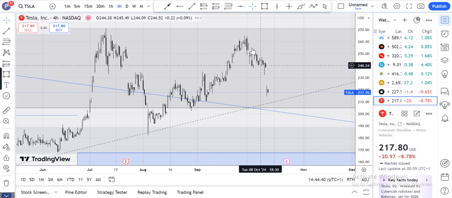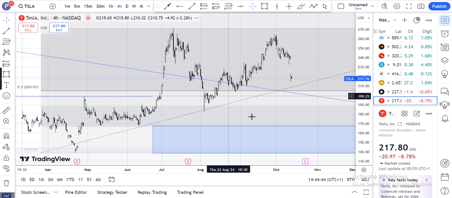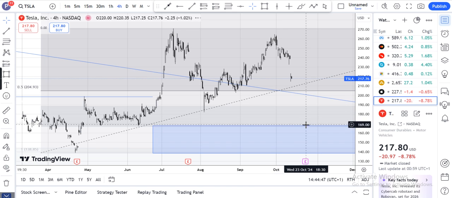I know it dropped in value from here and it's still dropping, but we would be expecting the market to give us a good reaction from around here or around here.